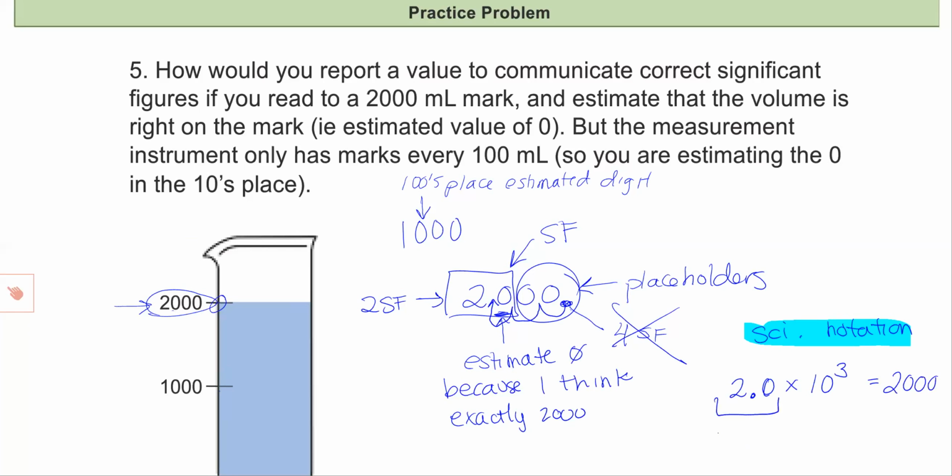But I have reported it with only 2 significant figures, my measured digit and my estimated digit. So we'll use scientific notation to clearly communicate significant figures and allow the reader of our measurement to understand exactly how precise or accurate our instrument was.